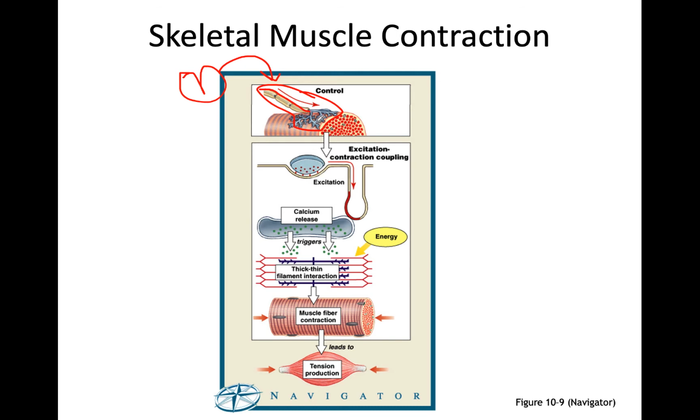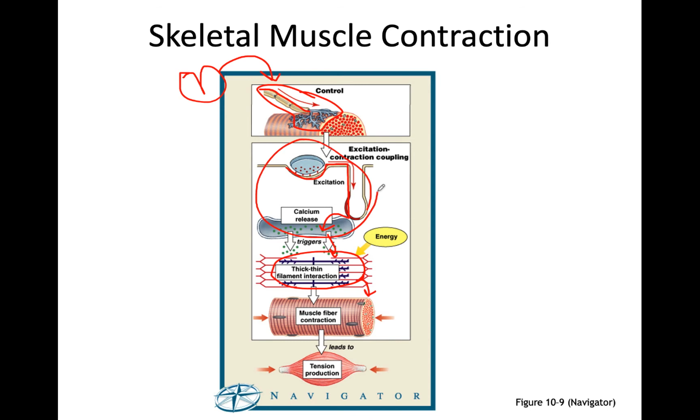So you have the synaptic boutons, the tips of the neurons, release acetylcholine onto the sarcolemma. The sarcolemma transmits the action potential down the T-tubule to the cisternae to release the calcium onto the sarcomere to cause the muscle contraction.